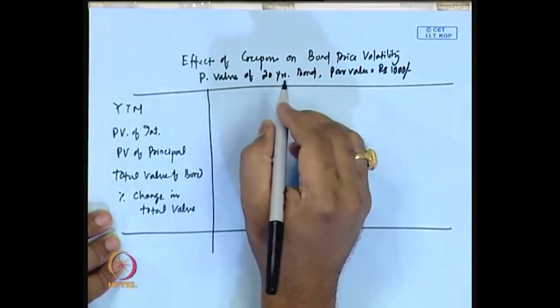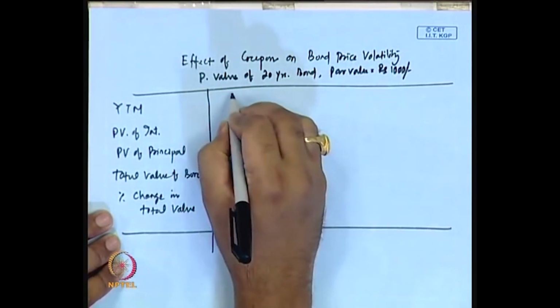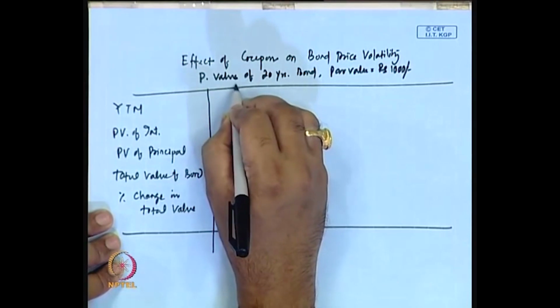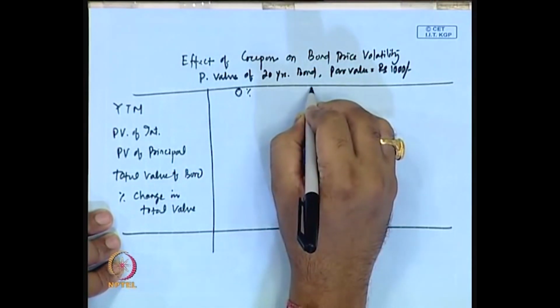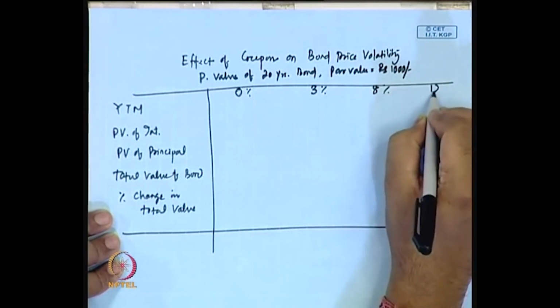Then the coupons, from the beginning, let it be 0%, then 3%, then 8%, then 12%.